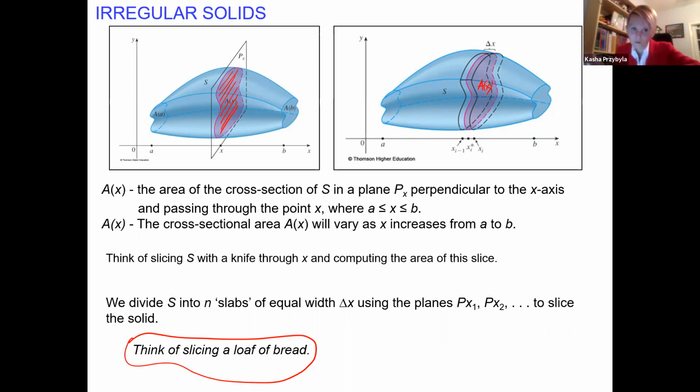We can take a knife and cut perpendicular to the cutting board. That's when we're slicing the x-axis, because that will be important. We will integrate with respect to x.